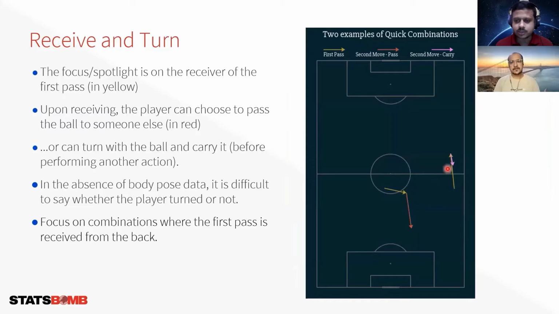And then upon receiving, the player can choose to pass the ball to someone else in red here, or can turn with the ball and carry the ball before performing something else, which is shown in the second example. Now, in the absence of body pose data, it is really difficult to say whether the player actually turned or not. So what we are really using is a proxy for turning by looking at the angle between the two actions. And we also are going to focus on combinations where the first pass is received from the back.